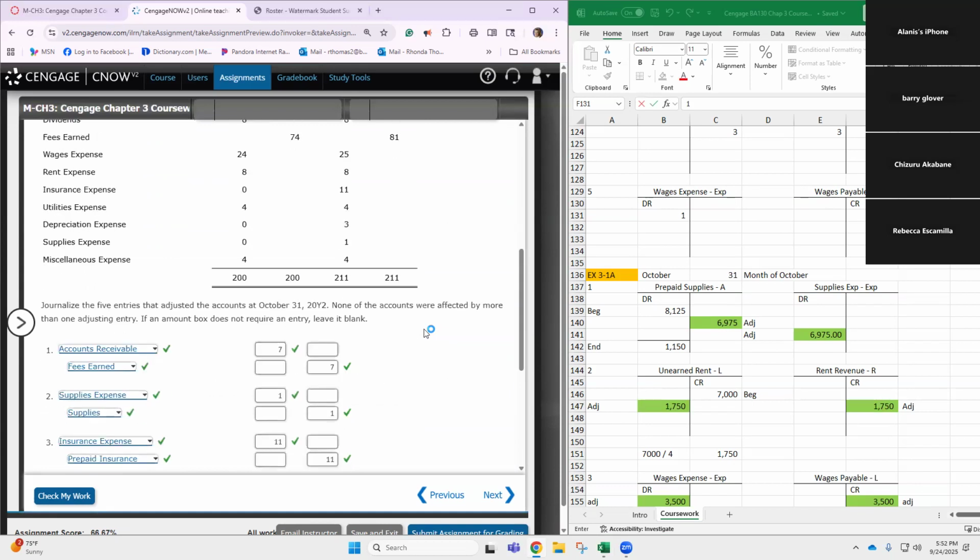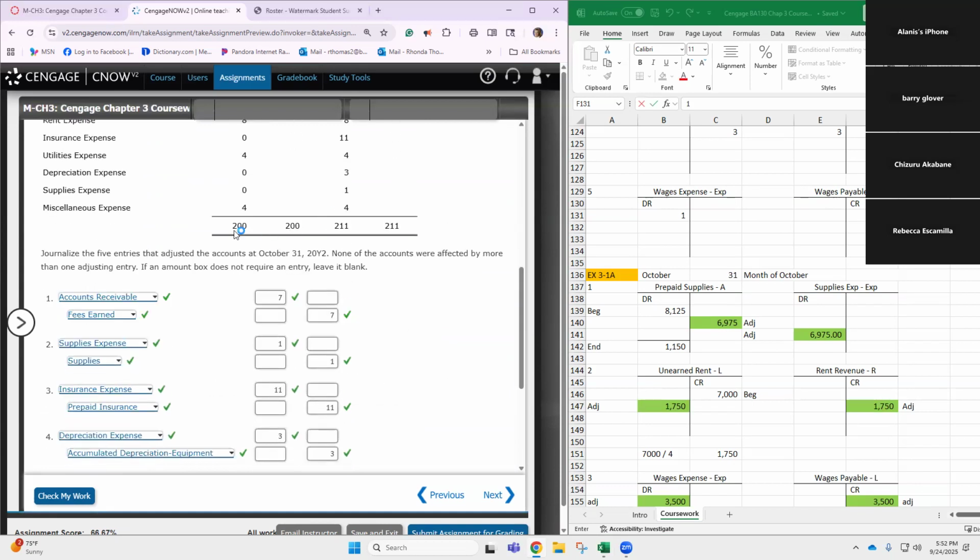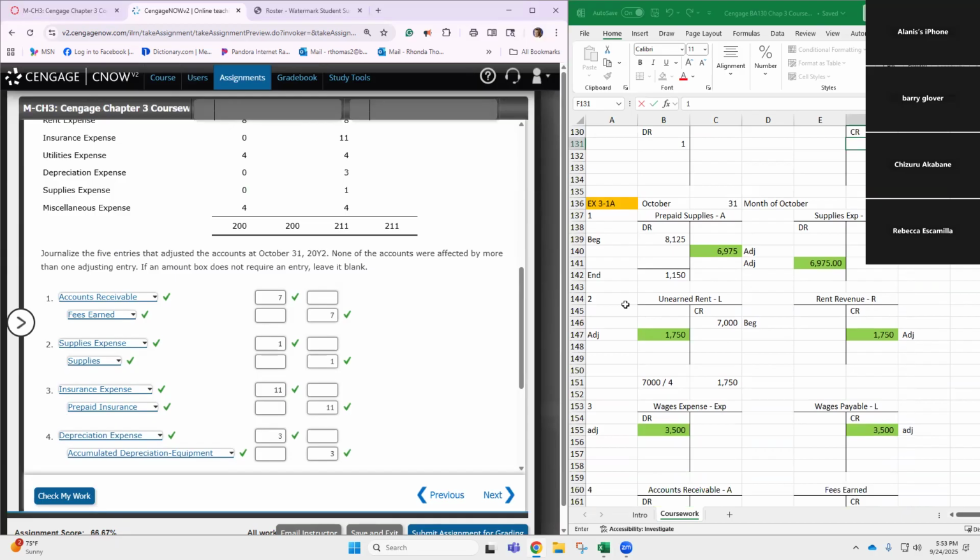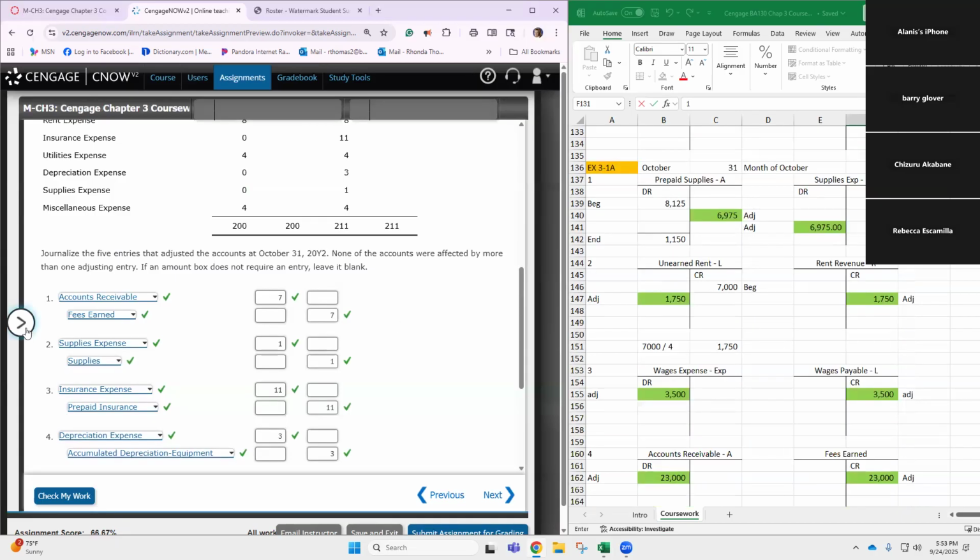Let's scroll down. Look, here's the difference, right? If we would not have made these adjustments, then we would not have additional information about the company for October. Okay, so that's that one. Now we're ready to go to one of our big ones.